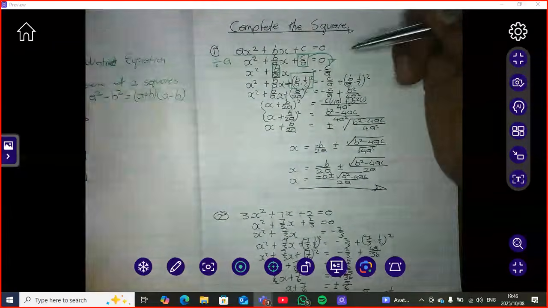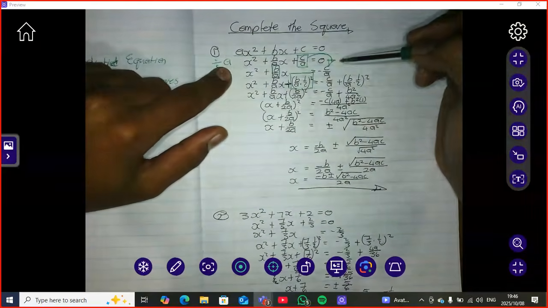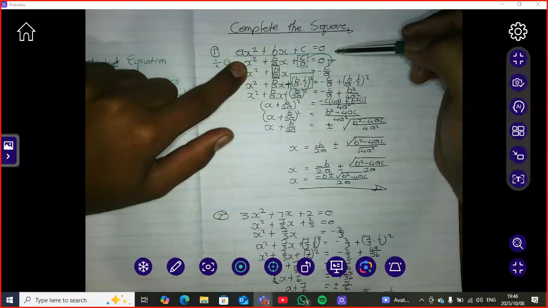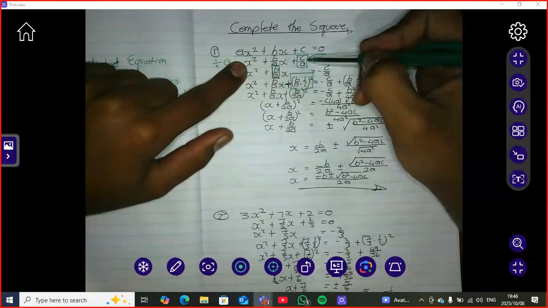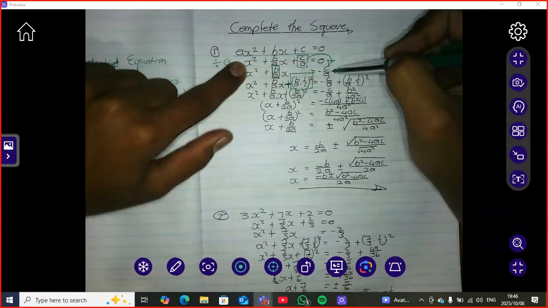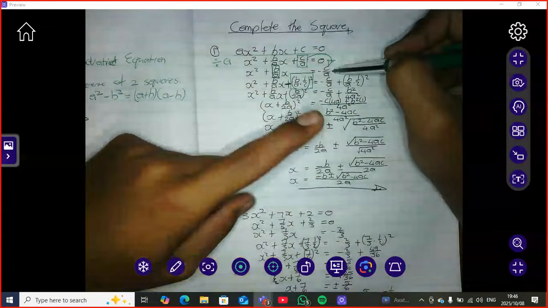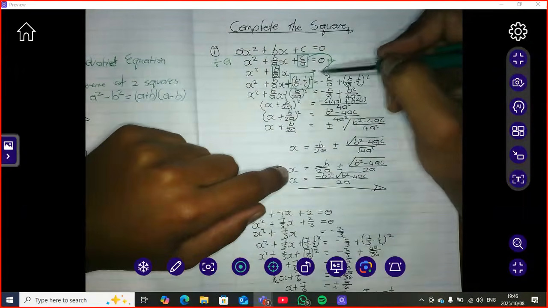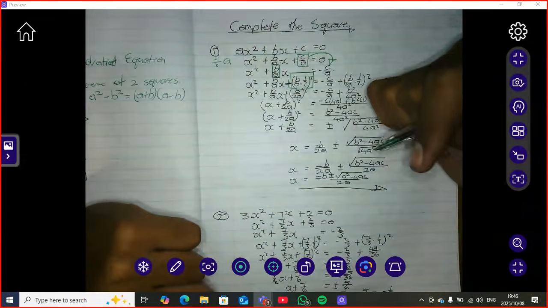So again, in the beginning, you divide everything by a to get your x squared alone. Then you take your constant over to the other side with the equal sign and you remember to change your sign. If you don't change your sign, it's all wrong.